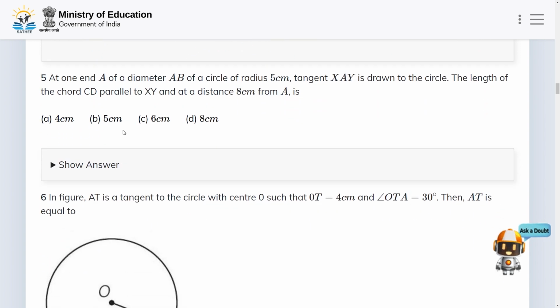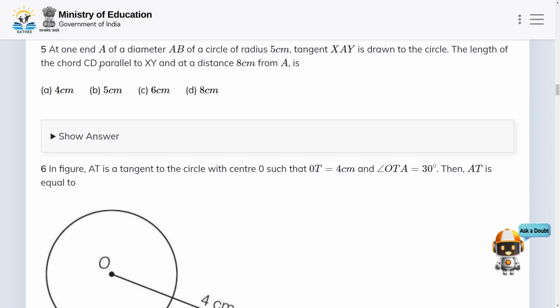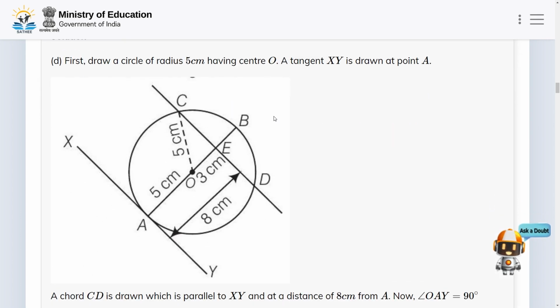Now let us see the next problem. So in the next problem, we have at one end A of a diameter AB of a circle of radius 5 centimeters, tangent XAY is drawn to the circle. The length of the chord CD parallel to XY and at a distance 8 centimeters from A is what? So let us see how to solve this problem.